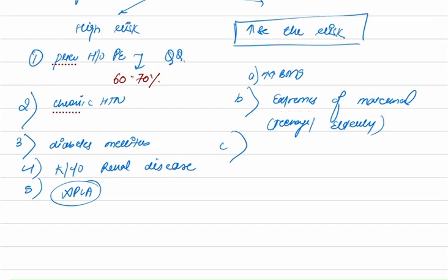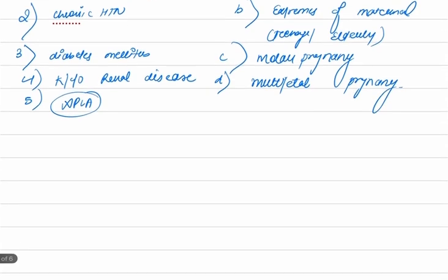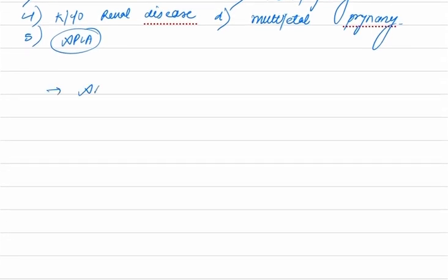Next is molar pregnancy. Next is multifetal pregnancy. Certain other factors include ART. As we know, in today's time, assisted reproductive technology is increasing, so the risk of preeclampsia is also increasing.